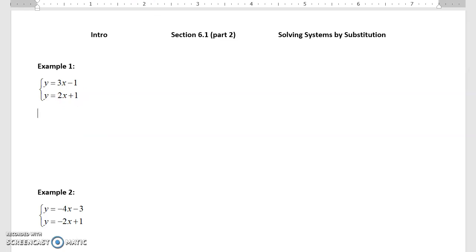Substitution is a word we've already learned when we're talking about evaluating expressions. When I say evaluate 2x plus 1 when x is 5, you substitute 5 in for x and evaluate. So substitution is just to replace, right? When we solve by substitution, we're going to replace a variable in one equation with an equivalent value from the other.